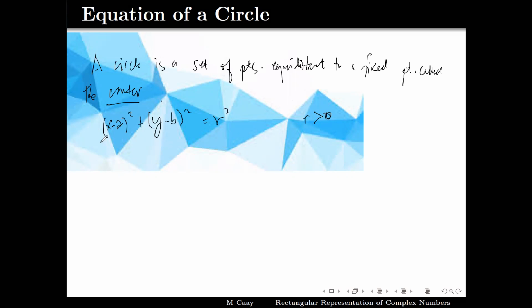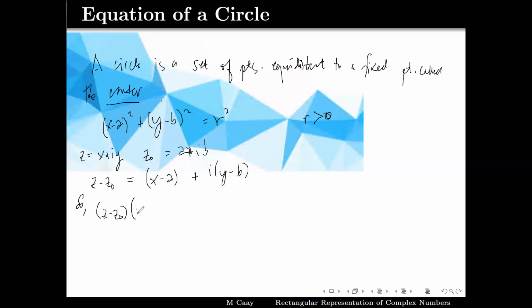Now, suppose that z is equal to x plus iy, and your z sub 0 is a plus ib. Then if you subtract these, I would have (x minus a) plus i(y minus b). If I take the product of z minus z sub 0 and its conjugate, using the property, I just get the square of the modulus of z minus z sub 0.